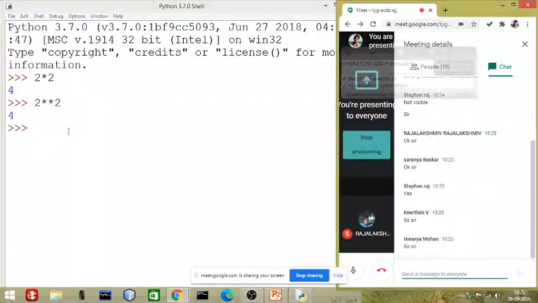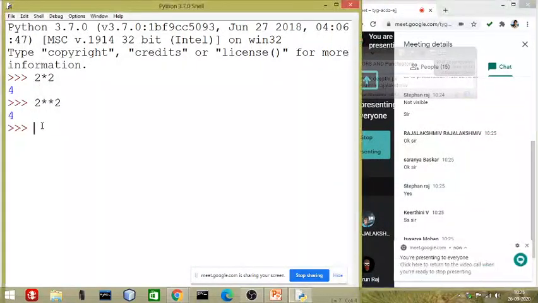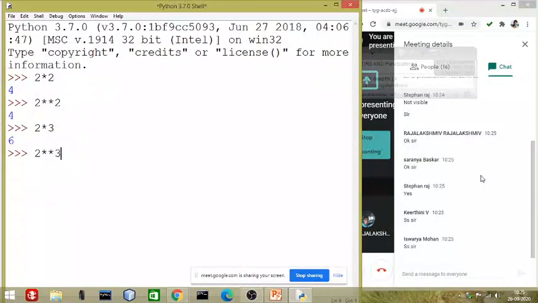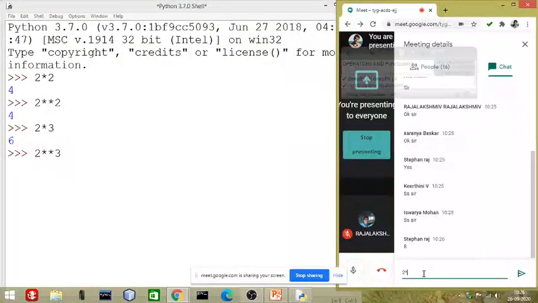But you say, sir, both answers are the same, what is the difference? So see the difference. 2 multiplied by 3, we are getting the answer 6. But if I write 2 double asterisk 3, can you tell me what answer we will get? Anyone? 2 to the power 3, what answer will come? This is 2 multiplied by 2 multiplied by 2. 2 twos are 4 and 4 twos are 8.